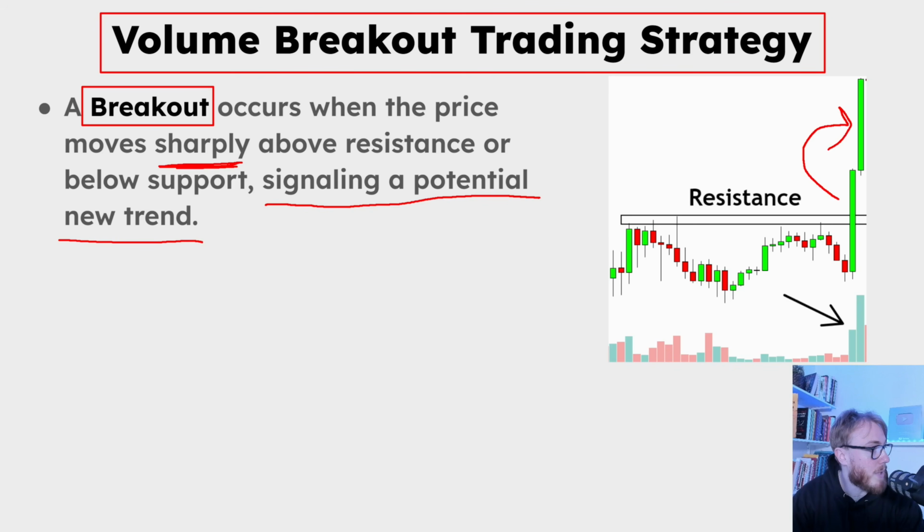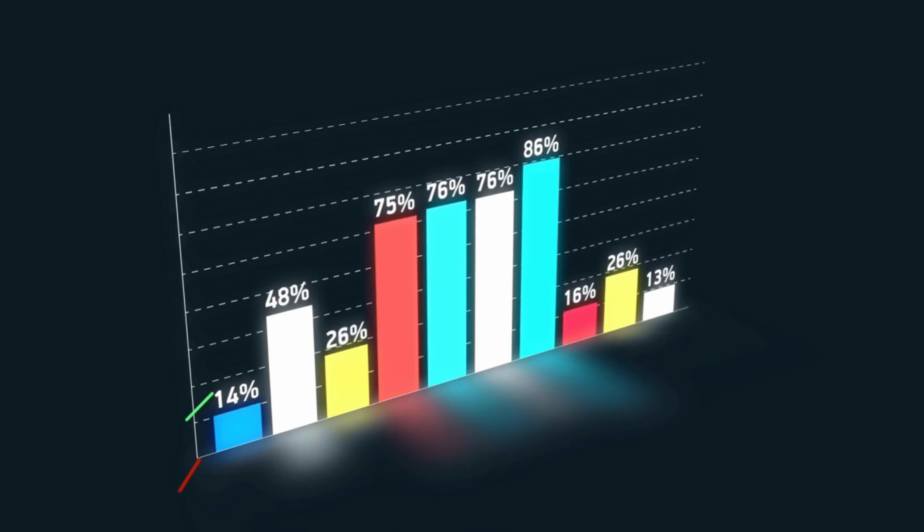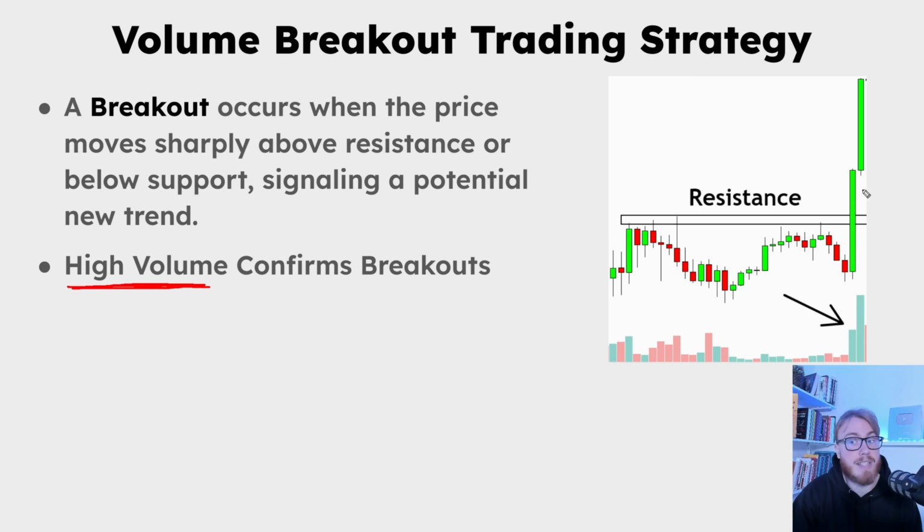But what do we actually look out for during breakouts? Well, just as with reversals, we're looking out for high volume. Because remember, what does high volume mean? When we are seeing a green candle, like we are seeing right here, high volume means that many buyers are supporting the move.